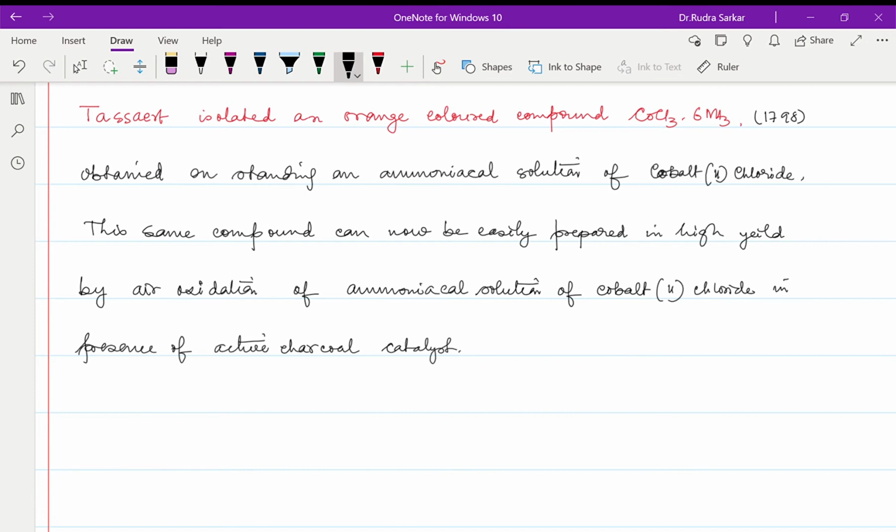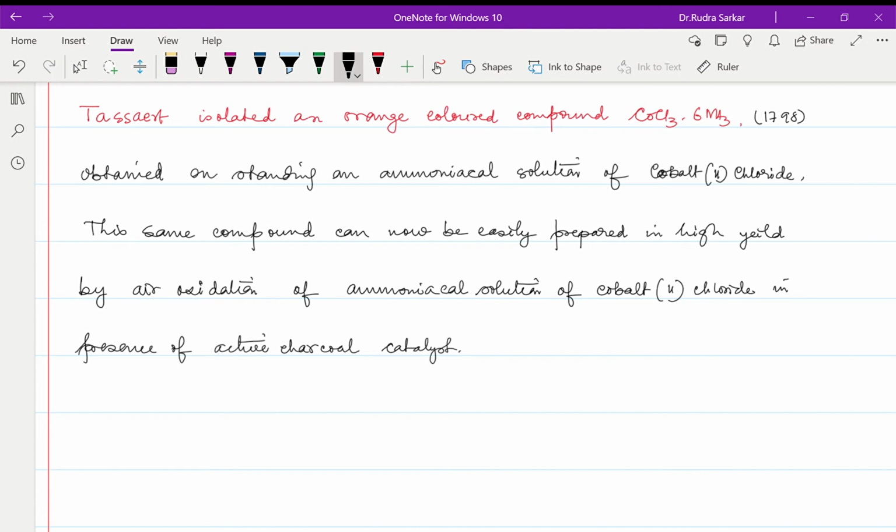So keeping it in air, cobalt 2 goes to cobalt 3. That is the chemistry behind it. And at least 6 ammonia molecules were associated with it. That means there are 6 ammonia molecules in this compound. But how these 6 ammonia molecules were arranged or linked, nobody understood at that time.